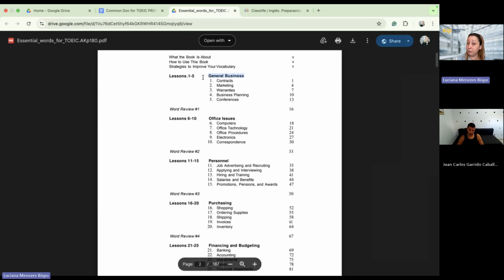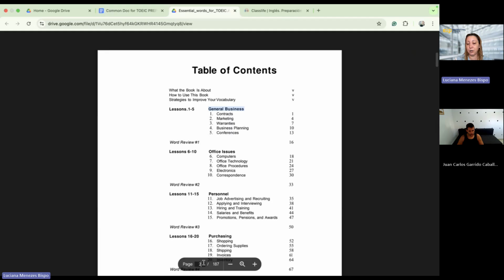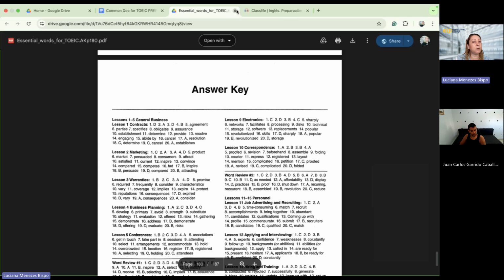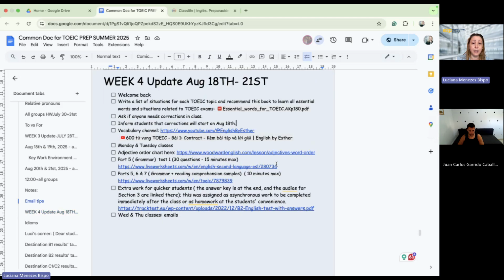That doesn't happen for the writings. So for the writings, we should go over the vocabulary that they have here, and the answer key starts on page 180. Okay, so this is great material to prepare for the writings that we are going to start today.